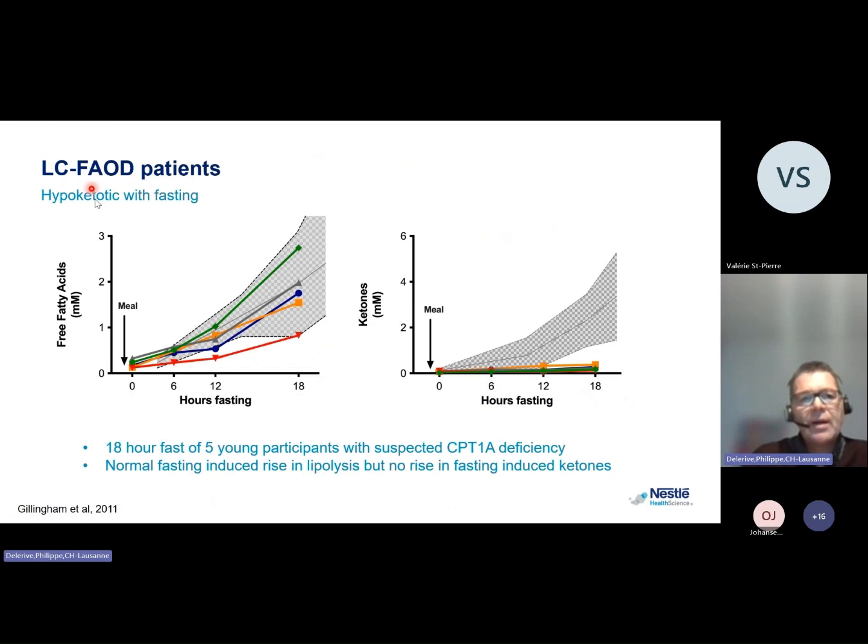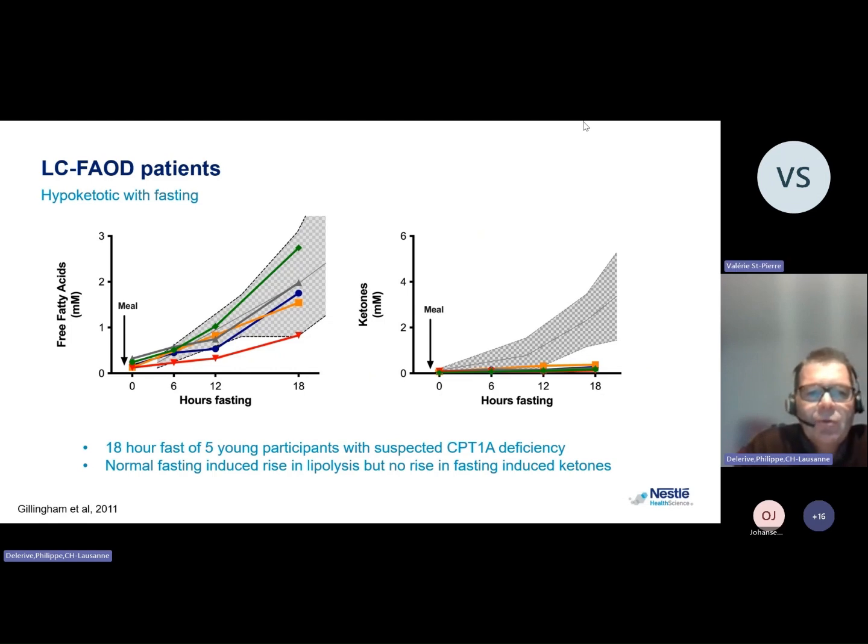One interesting finding, and I think it's a major discovery, extracted from a paper from Melanie Gillingham, a long-lasting collaborator of ours, is that these patients are unable to produce ketones. Here it's an experiment performed on 5 patients from Alaska, native Indians there.